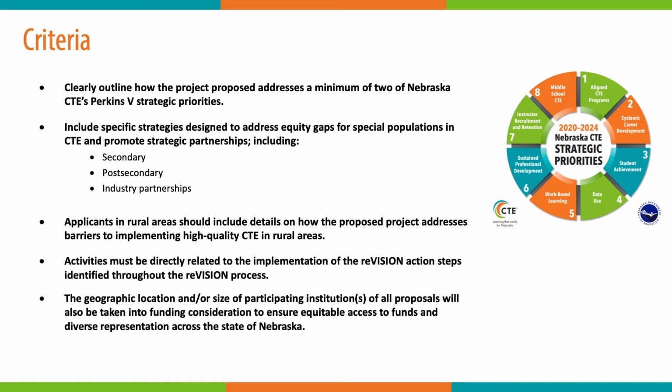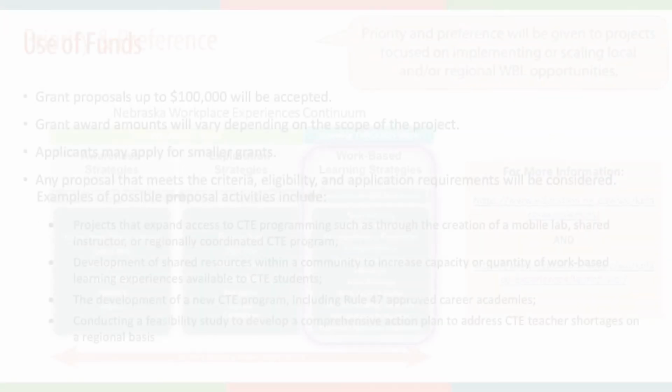Activities must be directly related to the implementation of the revision action steps identified through the revision process, and the geographic location and/or size of participating institutions of all proposals will also be taken into funding consideration to ensure equitable access to funds and diverse representation across the state of Nebraska.